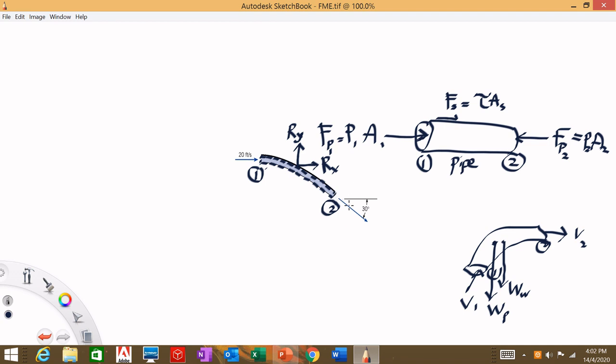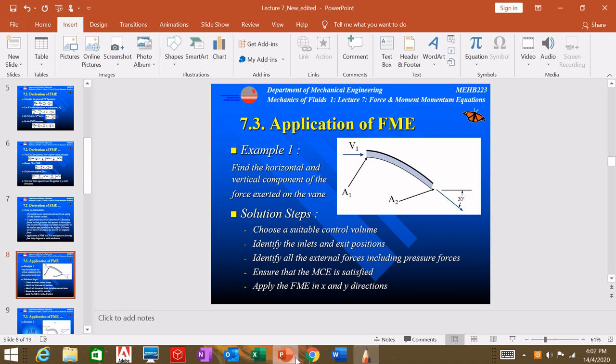So if you calculate the velocity here, there's a component of x and y. So momentum has x and y also. Now you have identified all the external forces and also the force that is needed to support the vein.